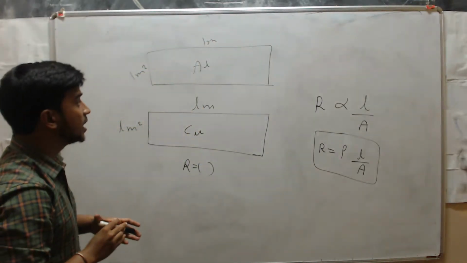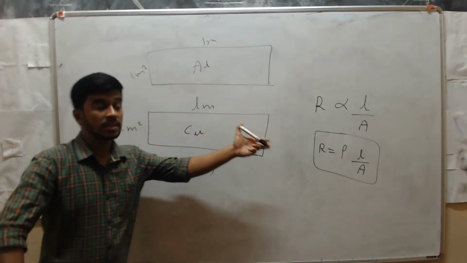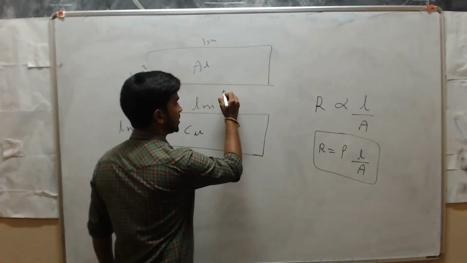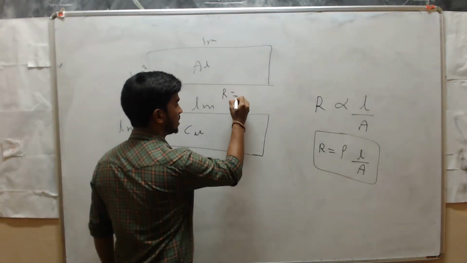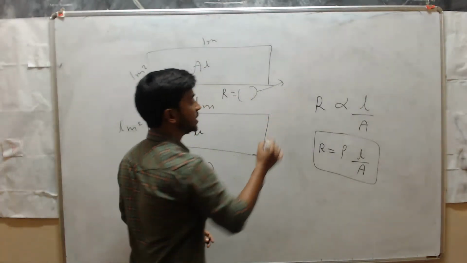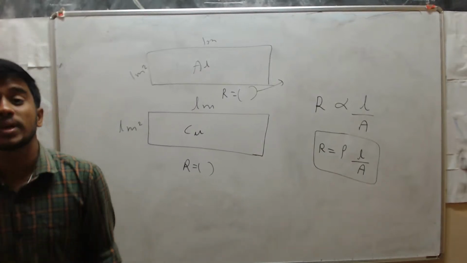So in this case, I have considered 1 meter wire length and 1 meter square area of cross section. Here you will get a resistance value, and that value is called resistivity, which means it is the specific resistance.